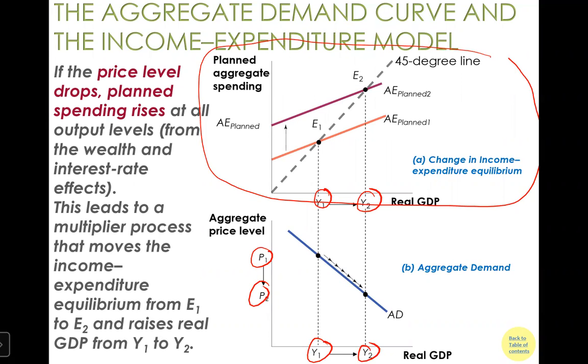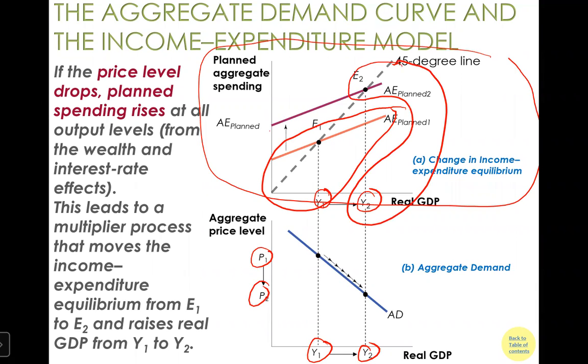One way to understand this is like an animation. Animation is just like playing a movie, right? One snapshot of the movie is one price level, and another snapshot is this price level.